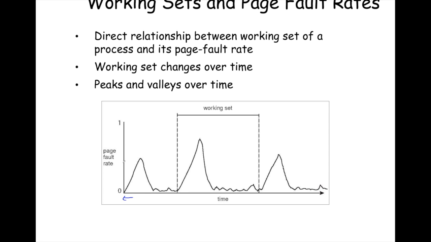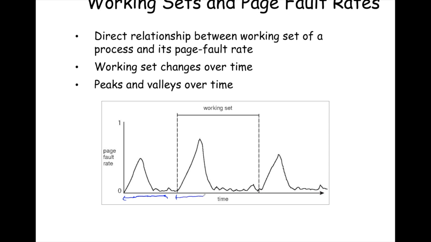The horizontal axis is time, the vertical axis is page fault rate, where 1 represents a rate of 100% of the time. So we start faulting in pages until we satisfy the working set, start getting closer, and then our page fault rate drops. Then you change localities to some other block of pages, sets of blocks of pages within the virtual address space in the instruction string for the thread. And again, you start faulting in pages for that new working set.